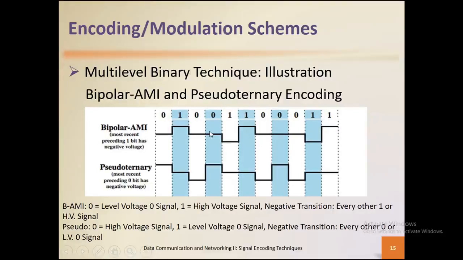Now the alternation comes when you have a set of ones within the bit sequence. If the sequence had a one at the initial start, it would have the high voltage pulse, and when you had a subsequent one within the bit transmission, it would take the other state, which is the negative.